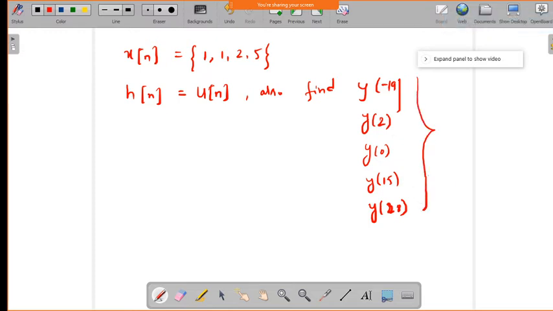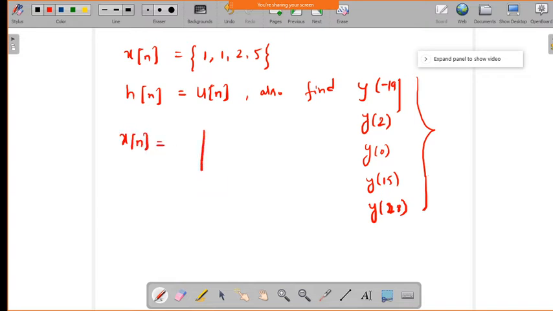So you can find out what is the convolution of this, and you can find the values of this output sample. Try to evaluate the x of n and h of n, and write the plot.